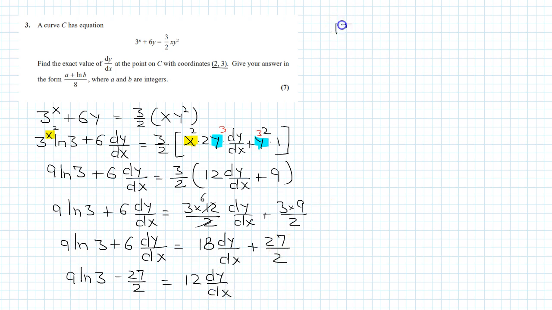So we can write here 12 dy over dx will be equal to, let's write the same, it is 9 ln 3 minus 27 over 2. So dy over dx will be, we divide this whole by 12.